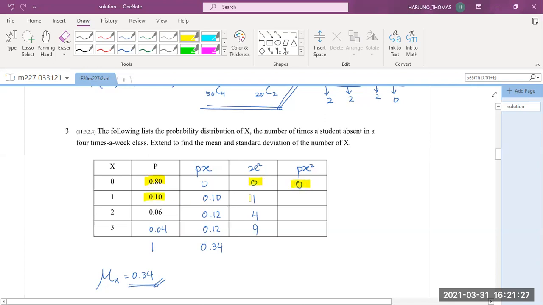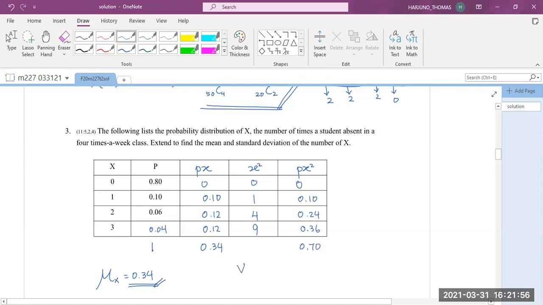This guy times this guy gives me this, and so on and so forth. So this will be 0.10, 0.24, 0.36. And when I add, I get 0.70.